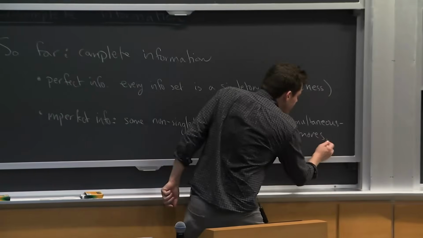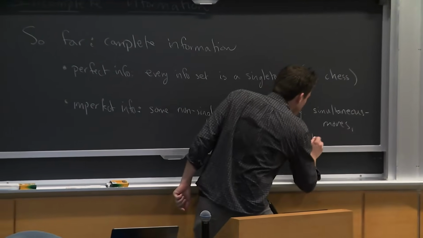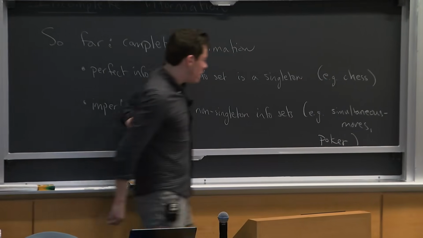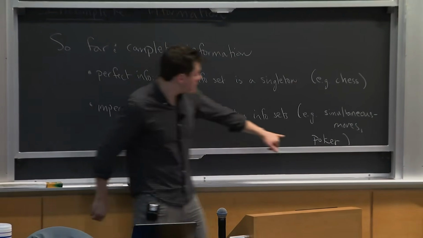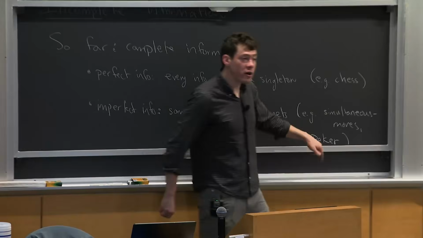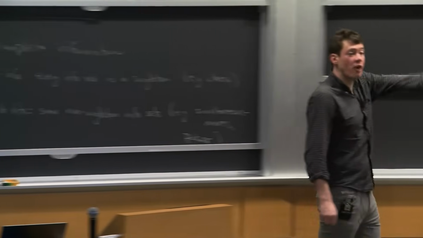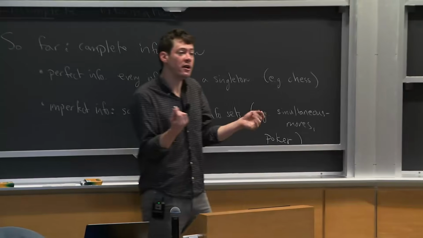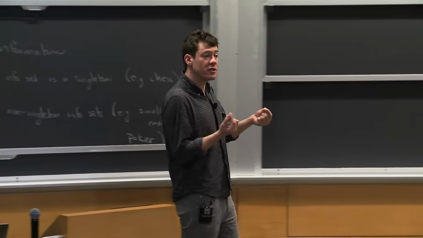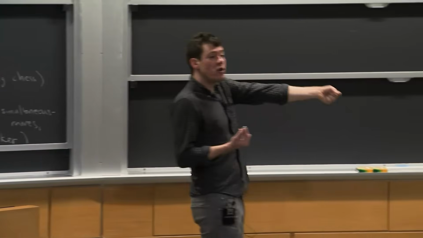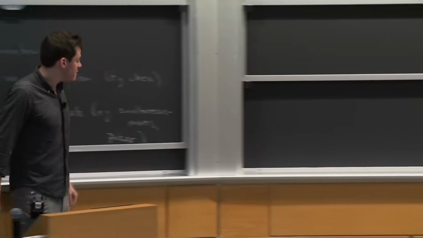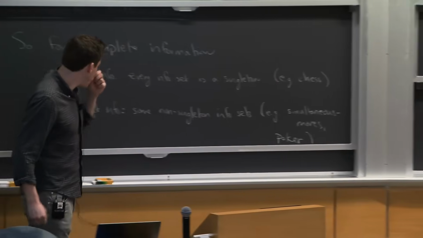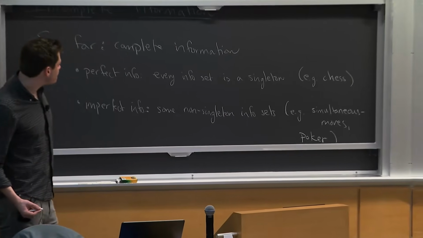So simultaneous moves, and the simple example here I would say is poker. When I'm called upon to move in poker, I don't know the cards that the other players have been dealt. So even if we move sequentially in poker, my information set is still non-singleton, because when I move, I don't know what cards the other player has. So these are two distinct ways we can have imperfect information.